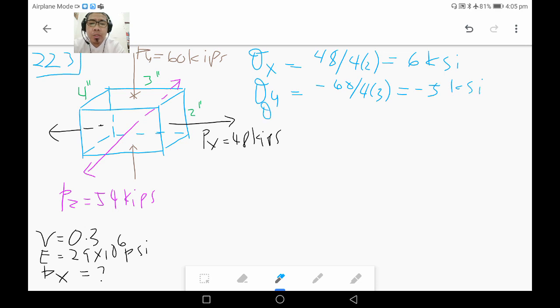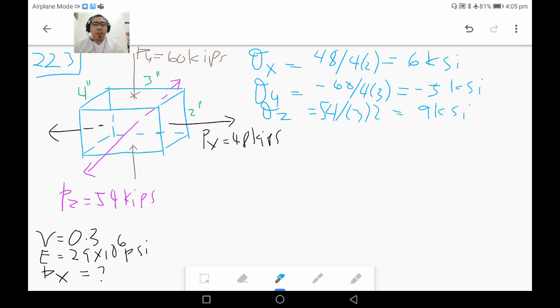And the stress in z, so 54 yung force, so this is 54 divided by, of course, the area in z direction. That is 3 times 2, and of course, that is 9 ksi.